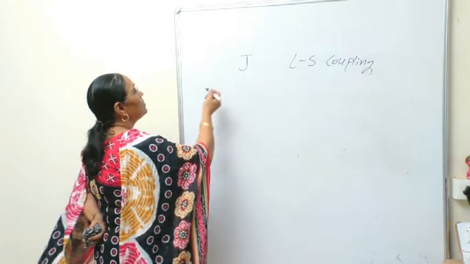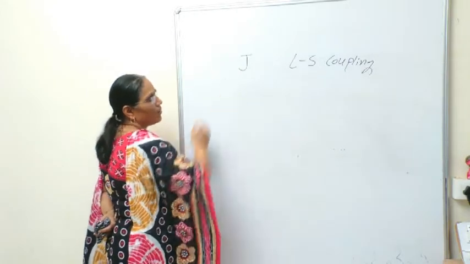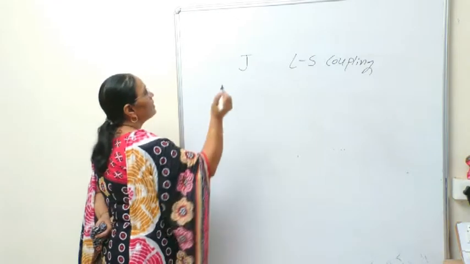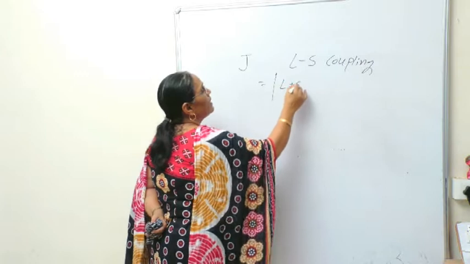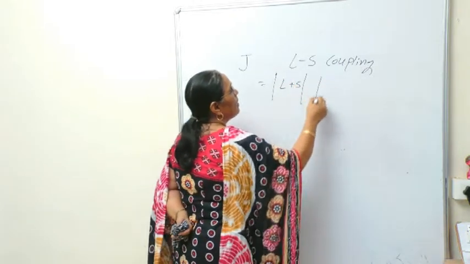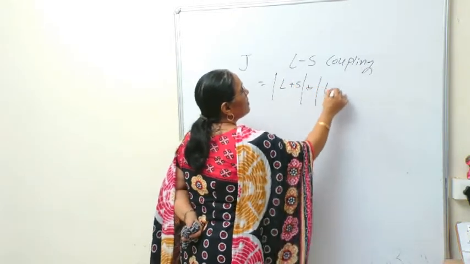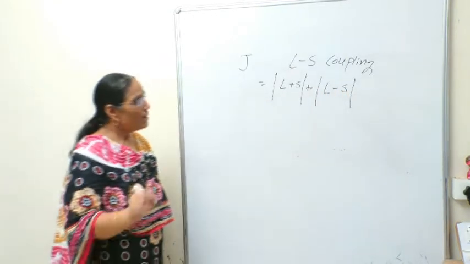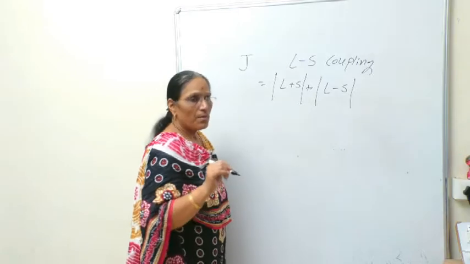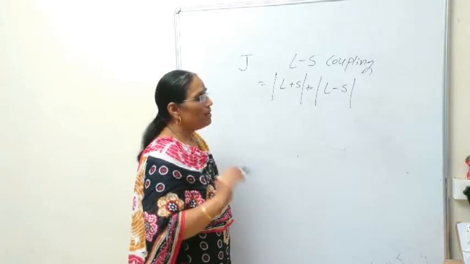These J values can be obtained by using the equation L plus S to L minus S. L plus S to L minus S: that many J values are possible for the given term.